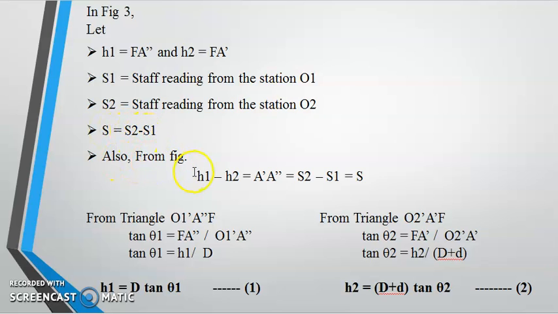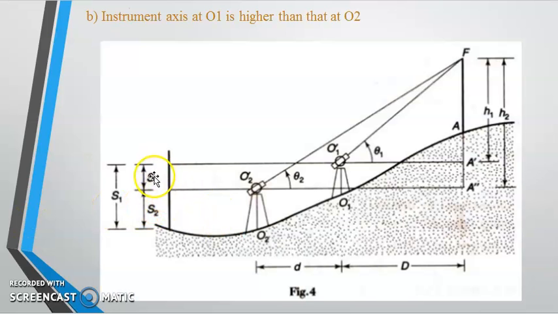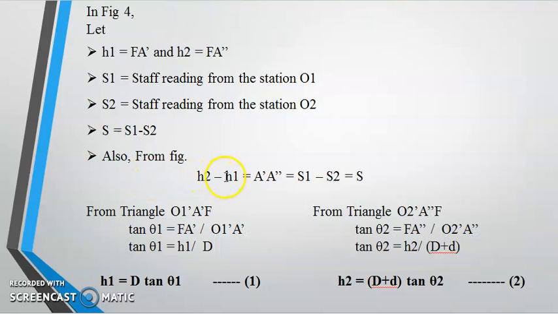From this figure, we can write S1 minus S2 equal to S, which is equal to A dash A double dash, which is equal to H2 minus H1. So from the figure, we will be able to write H2 minus H1 is equal to A dash A double dash is equal to S1 minus S2, which is equal to S. This is clearly seen from the diagram itself.